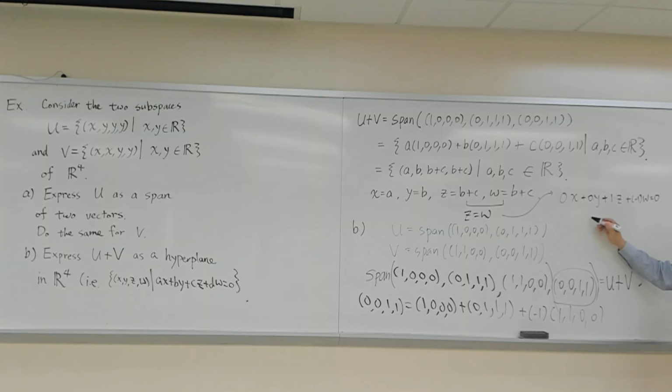And then you have, so that's the answer. So the answer is that you have x, y, z, w, where you can just say z equals to w. Because this is indeed in this form. Okay? So it's a hyperplane.